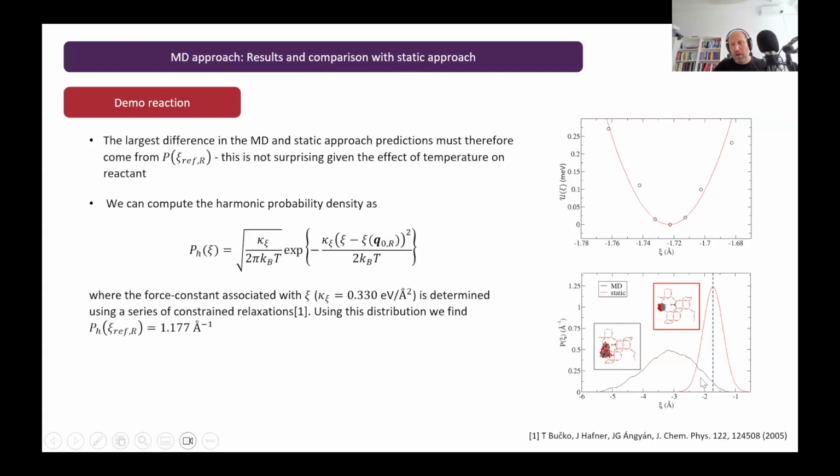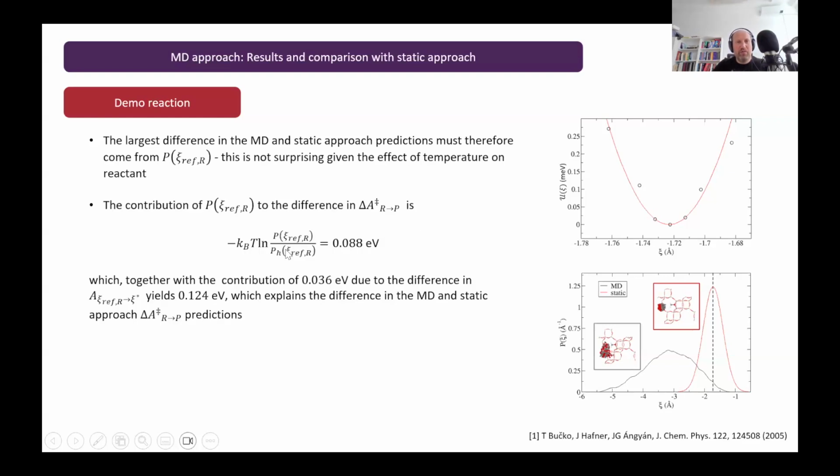Doing so, I obtain a distribution like this, of course Gaussian shaped, centered at our reference reactant state, right? Now we see that for that reference state, the functional value is significantly higher than the functional value for the probability density of the fully interacting system. Now we can compute the contribution to the difference in activation free energy using this logarithmic formula.